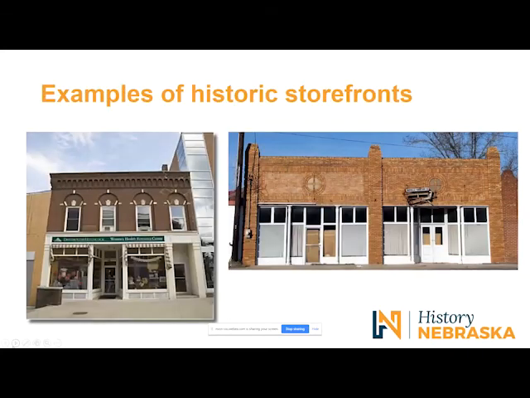So just giving you a few images. This is an older, far more ornate building with a great storefront, and some of those retractable awnings. Love that. This one I include just so you can see the difference between a recessed entry and the flush entry, and what a difference it makes in determining if something's historic or not.